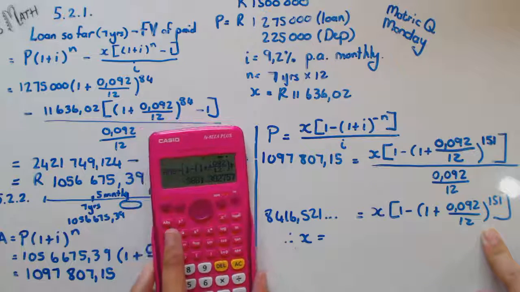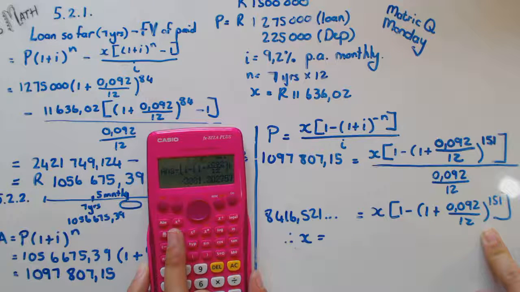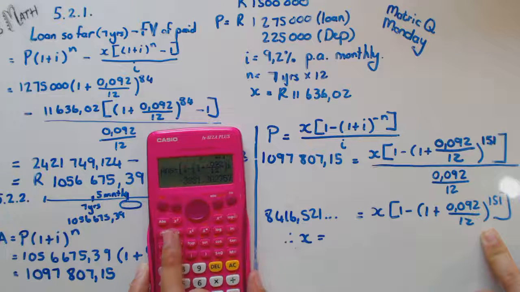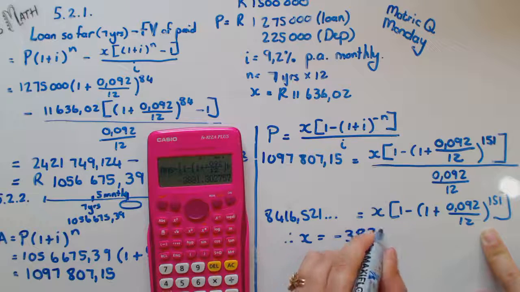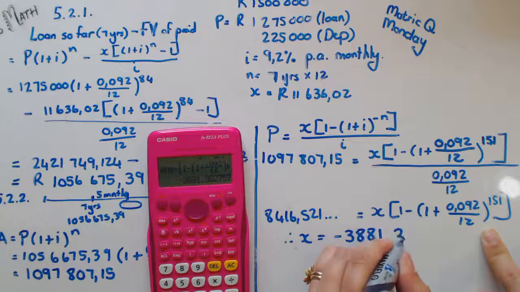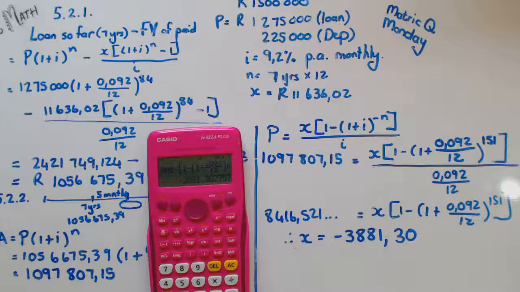Okay, now weirdly enough, let me just check if I've done this correctly. For some reason, this gives me a negative number, which I can't think that I have a negative installment. They shouldn't pay me money. Not that I can think of. So now I'm wondering if I did something wrong.